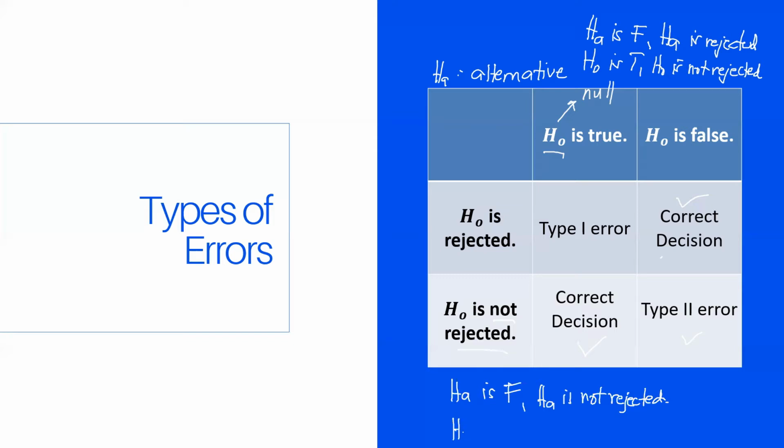Therefore, we have null is true and null is rejected. Now we can simply determine what error we commit in this example. Therefore, we have a type 1 error. Remember, when determining the type of error that we have committed, make sure that it is in the context of the null hypothesis.